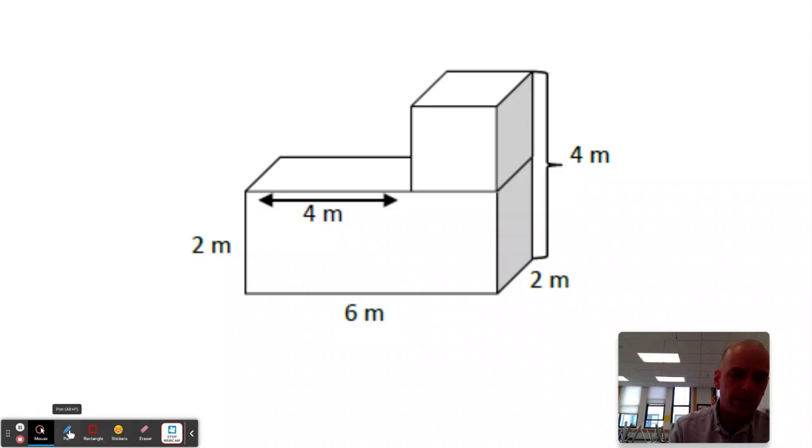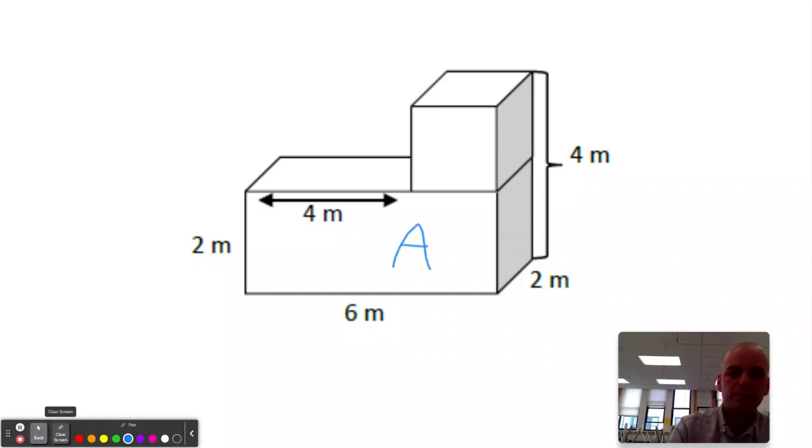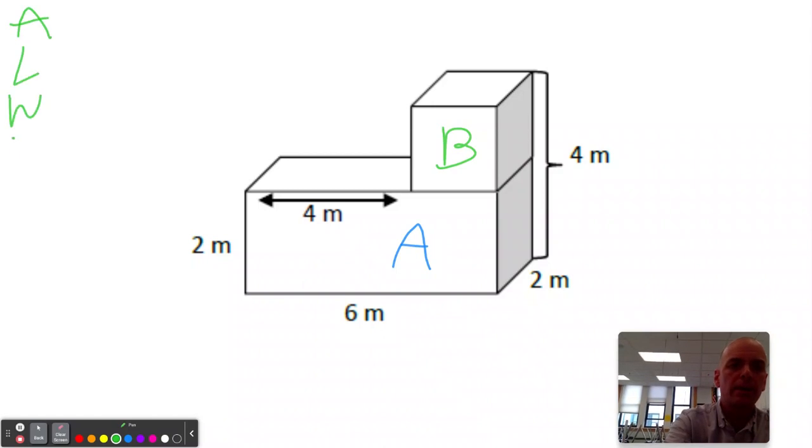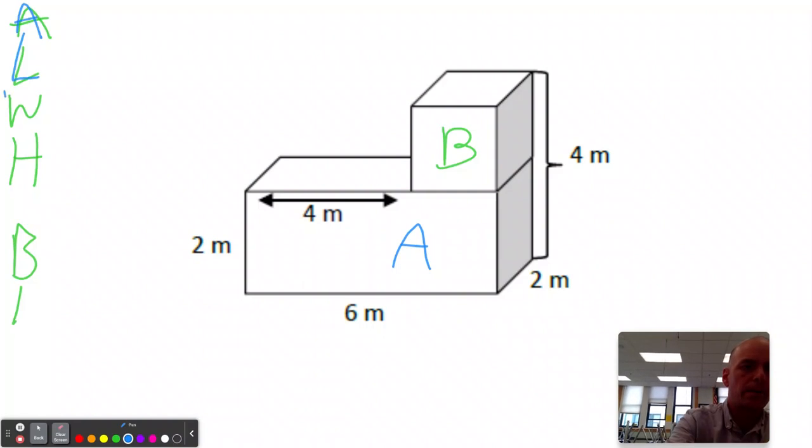Okay, so we have A, B. I would set that up, and then I would go A and put length, width, and height, and B. A will make blue. B, blue to green.